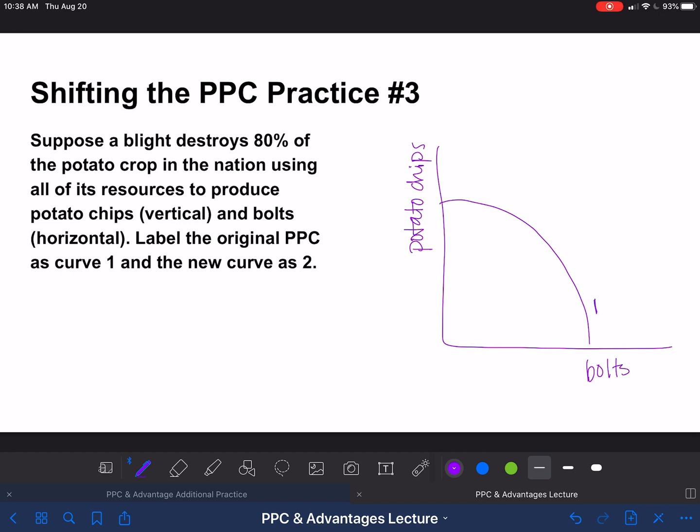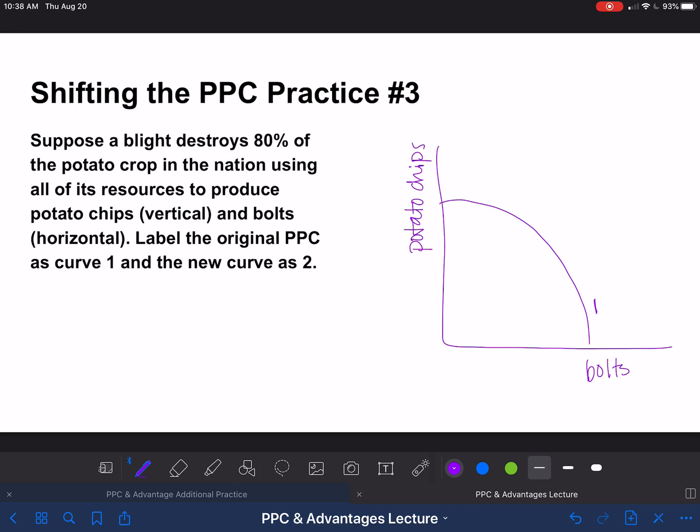Well, here's PPC 1. Now, blight is some sort of agricultural attack on agricultural products. And it destroyed 80% of the potato crop. Now, just using common sense, do you think potatoes are used in the production of bolts? I don't think they are.